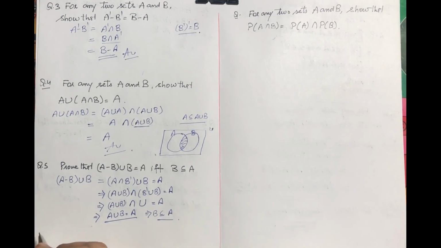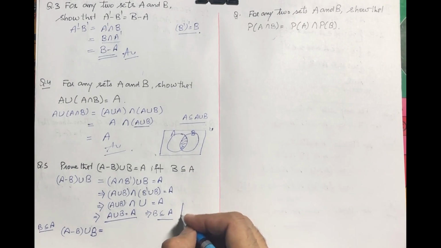So conversely, now if B is contained in A, then we have, now right hand side, if B is contained in A, A minus B union B is equal to, how much do we have from this and this? To understand this, we can draw its Venn diagram.